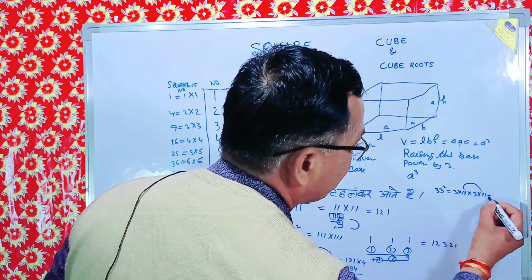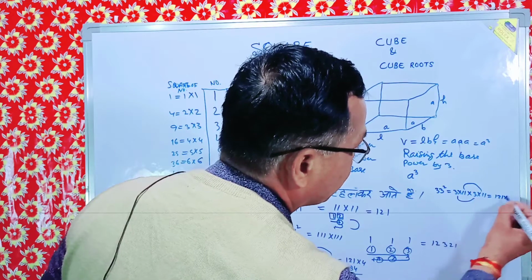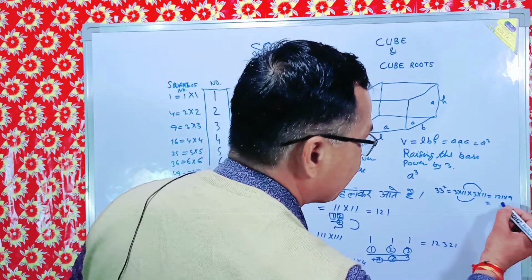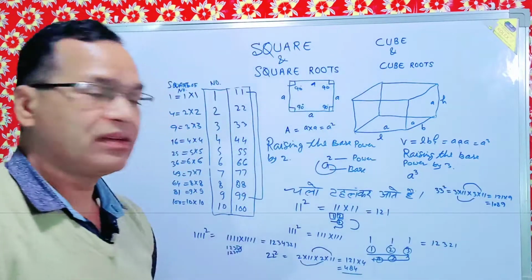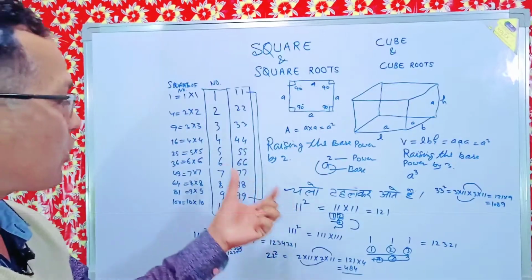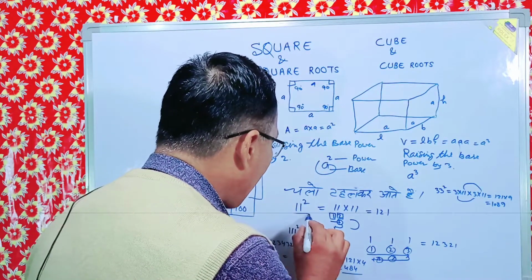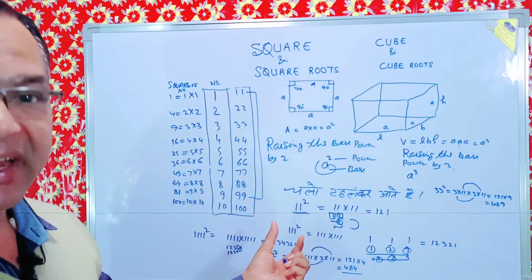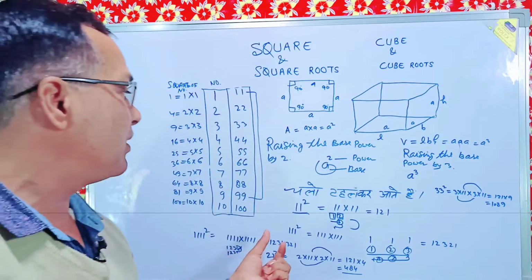So this 11 into 11 gives me 121 and this 3 into 3 gives me 9. So very easily I get the answer 1089. This concept is applicable to the squares of 11 and numbers which are multiples of 11.